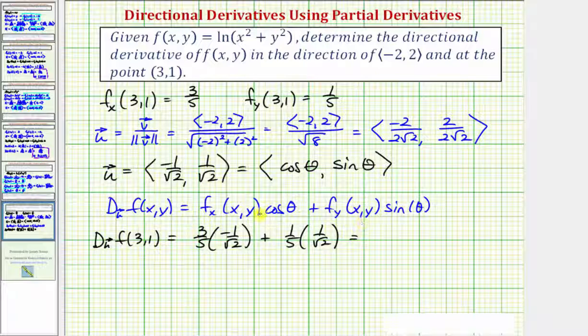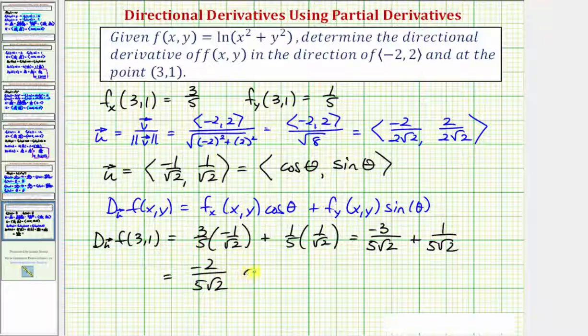So here we have negative 3 divided by 5 square root 2 plus 1 divided by 5 square root 2. So notice how we have the exact value of negative 2 divided by 5 square root 2.